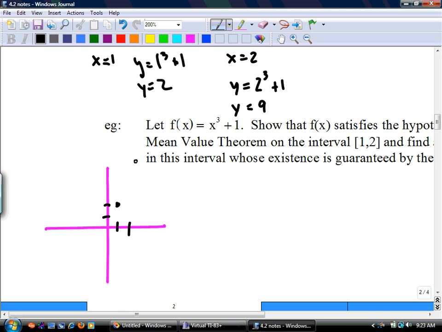And then I would like you to join this with a continuous differentiable curve, because with x cubed plus 1, you never divide by 0, you don't square root a negative number, and you don't log a negative number here, so we know the curve's got to be nice and smooth. And because I took Math 11, I know that this kind of looks like that.